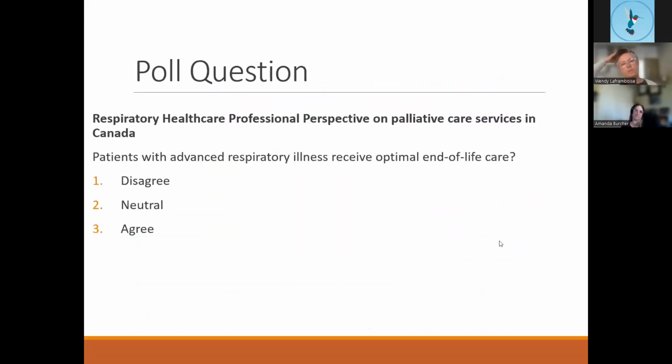They asked the respiratory healthcare professionals whether patients with advanced respiratory illness receive optimal end-of-life care. Do they disagree, are they neutral, or do they agree? Again, it was asking a very specific group of healthcare professionals. They're all respiratory educators.